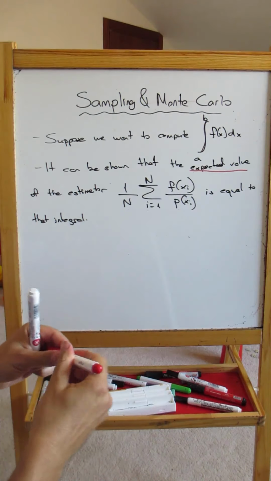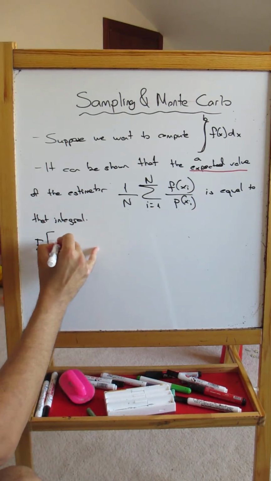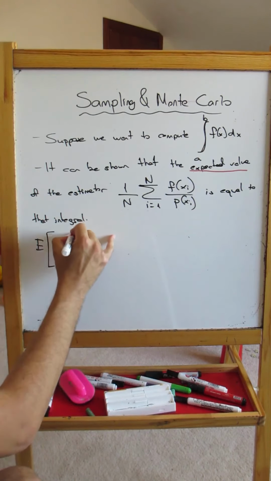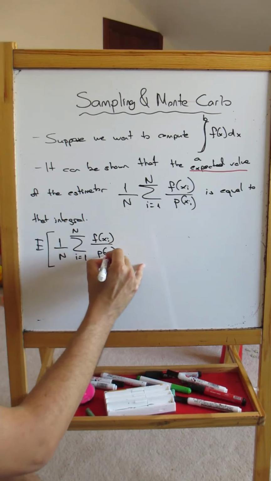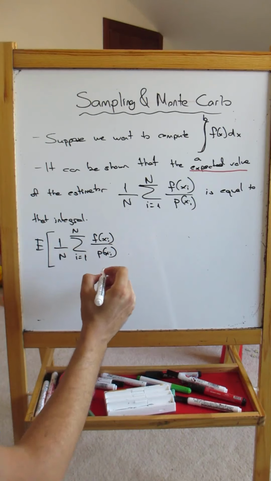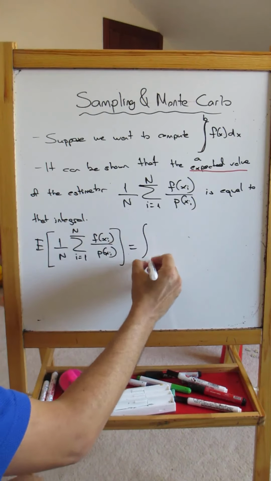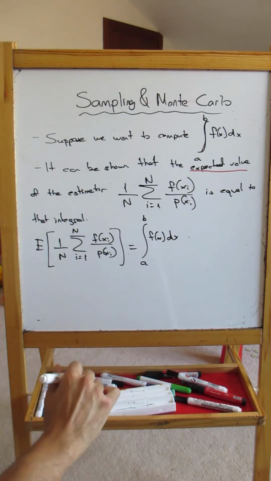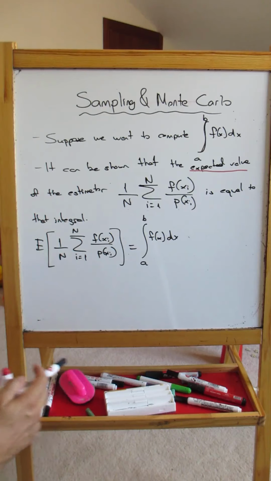In other words, the expected value of 1 over n sum over i from 1 to n of f(xi) divided by the probability of xi is equal to this integral from a to b of f(x) dx.